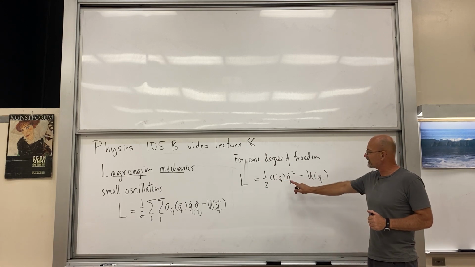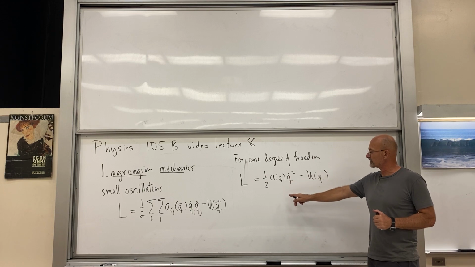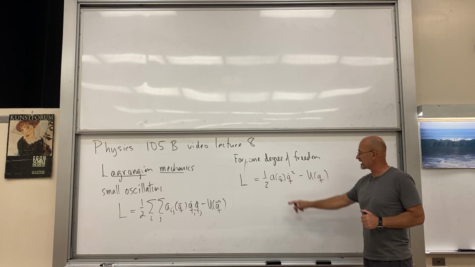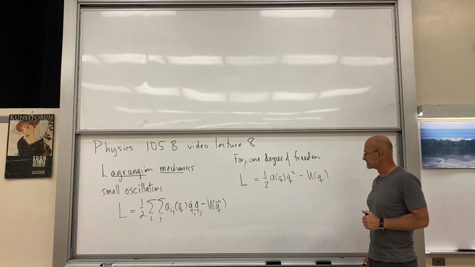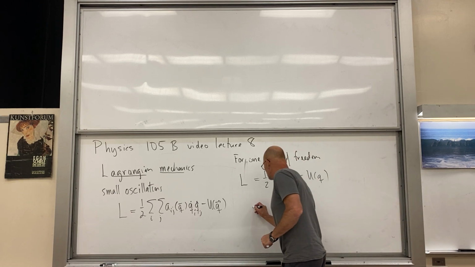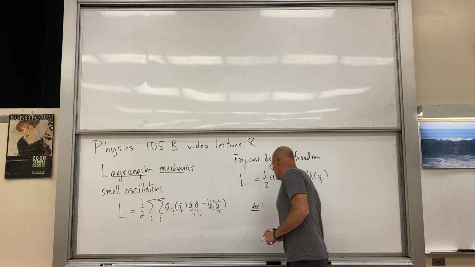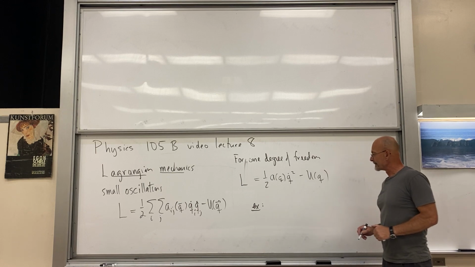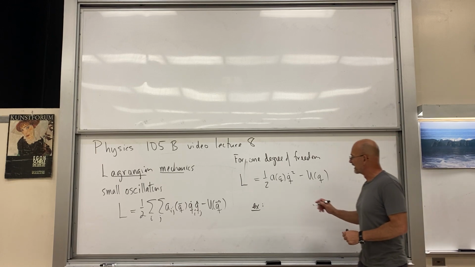So I'm going to give an example of a system with 1 degree of freedom that looks like this. In fact, I could give 2 examples pretty quickly. Okay, yeah. Here's our example.